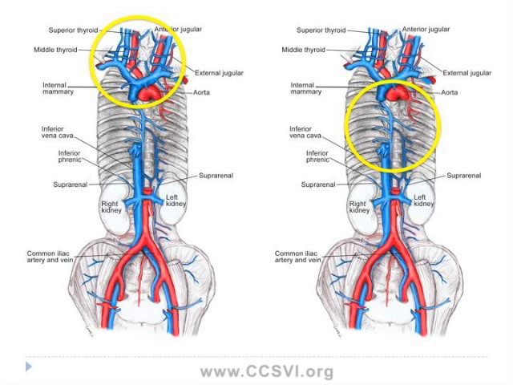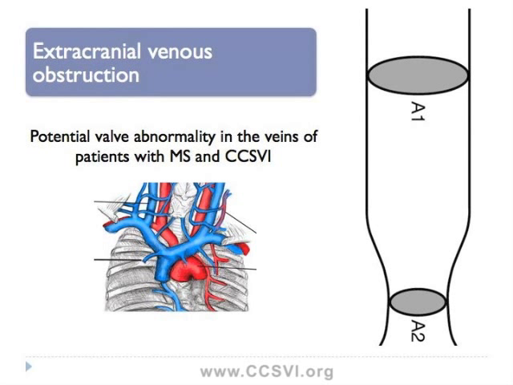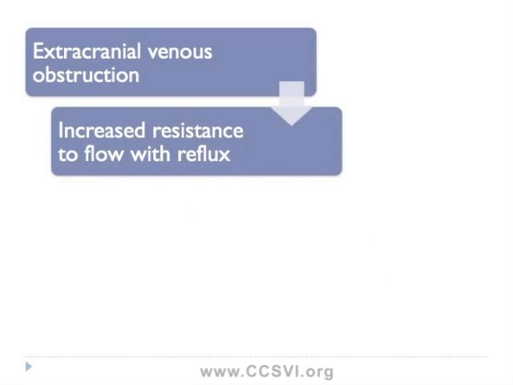And so when you look at this view, if we think about the internal jugular veins, here's just a graphic representation of this vein. What we're looking at is a potential valve abnormality down here at the bottom of the internal jugular vein that essentially narrows the room in that vein for blood to flow. So there's a bit of an obstruction there. What happens when you have an obstruction to flow is that there's just resistance to flow.